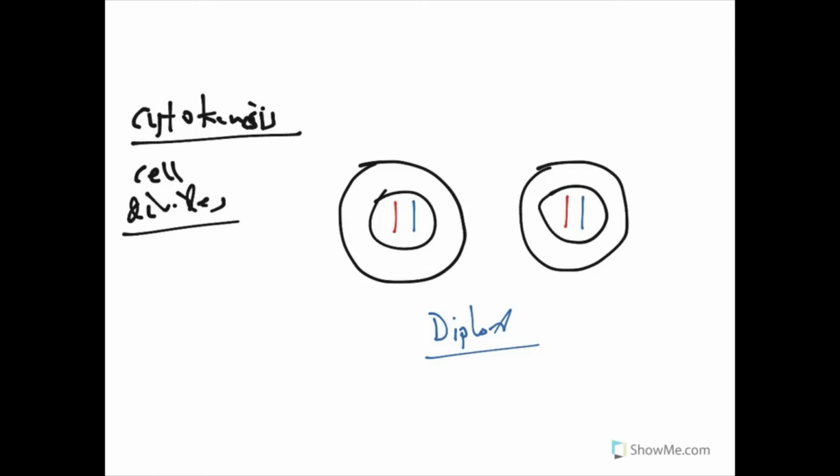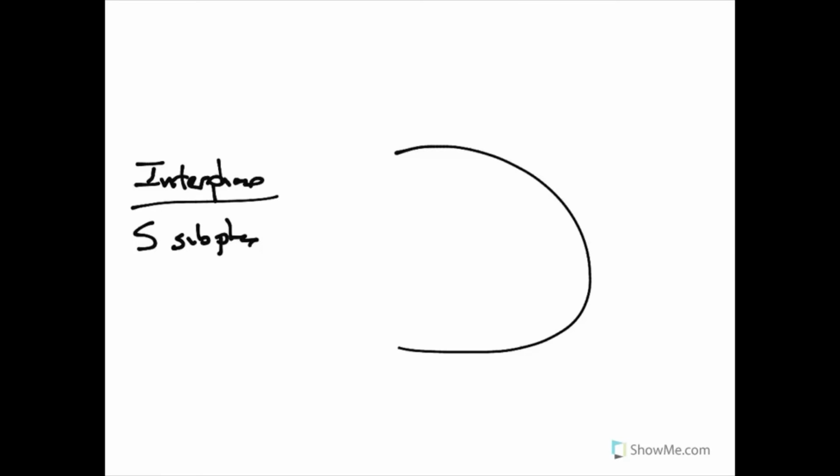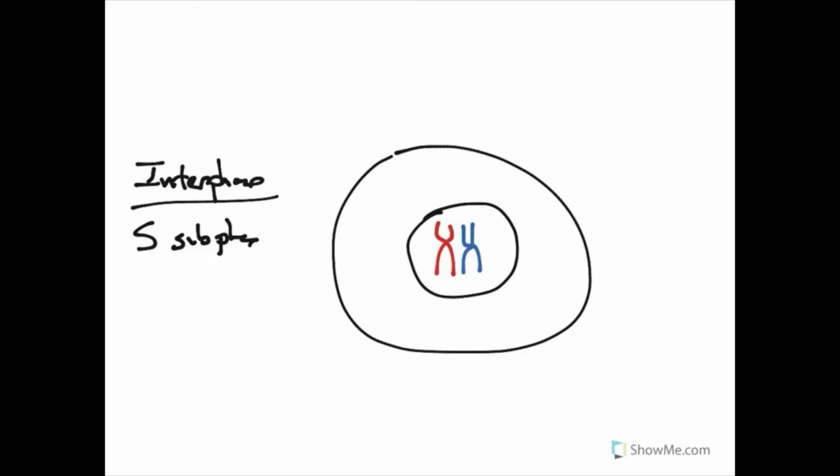They're just non-replicated chromosomes. Now remember, what was important about interphase that we talked about is that interphase had the S subphase. During S subphase, a cell here will replicate the DNA, producing chromosomes that fully possess two sister chromatids.